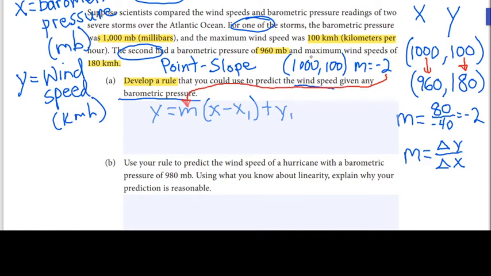Okay, so this right here is x1, this right here is y1. So x1 is going to go right here, and y1 is going to go right here.